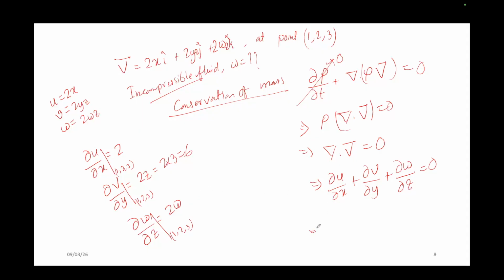So in this equation I can write 2 plus 6 plus 2w equal to 0, or 2w equal to minus 8, or w equal to minus 4. You got it? So these types of questions can be asked. So I think it is okay.